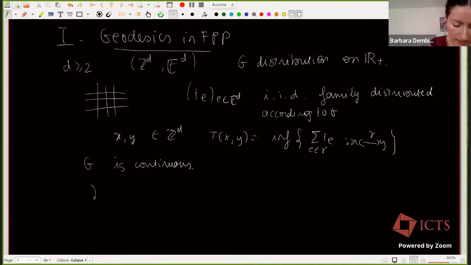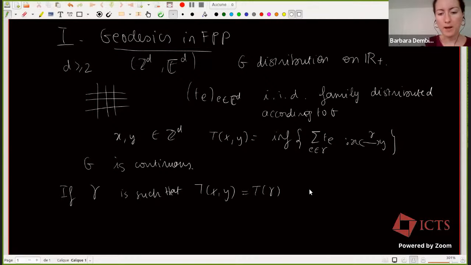So we will say that if gamma is such that T(x,y) is equal to the time of gamma, then gamma is the geodesic between x and y. And here, when G is continuous, the geodesic is unique.